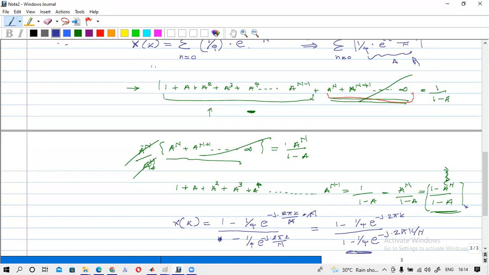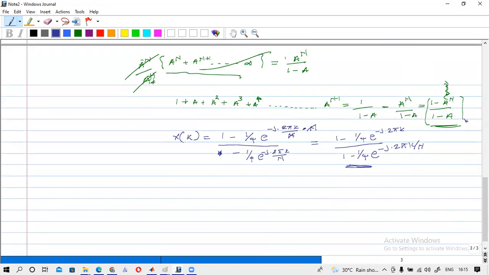So this will be your answer, xk. This is the compact form for that kind of DFT signal, the DFT transformation.